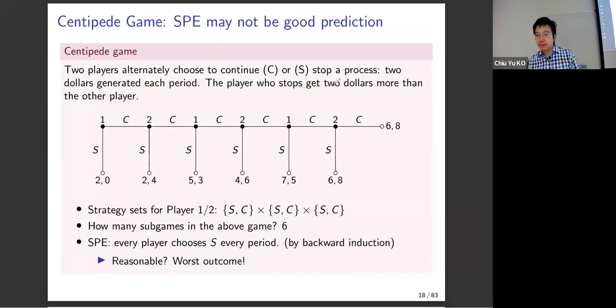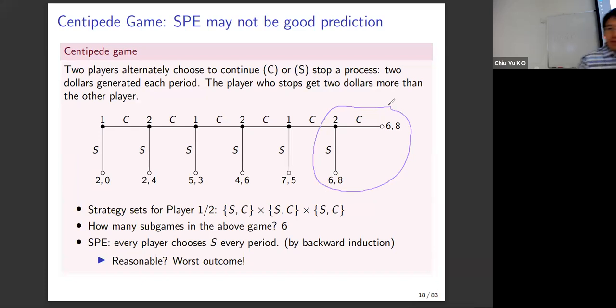If you do subgame perfection or backward induction, look at the last game. Player 2 doesn't really matter what to do, right? Whether C or S, the same, 8. But now look at once before. What will player 1 do? Player 1 will choose stop, because stop gives him 7.